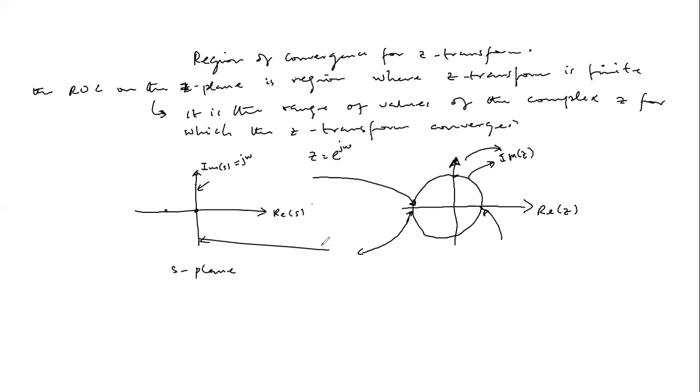Okay, so while we have this for the S-plane, then the Z-plane looks something like this. So don't forget that in the Z-plane, the j omega axis is seen to fold into a circle. So what are the properties of the region of convergence?